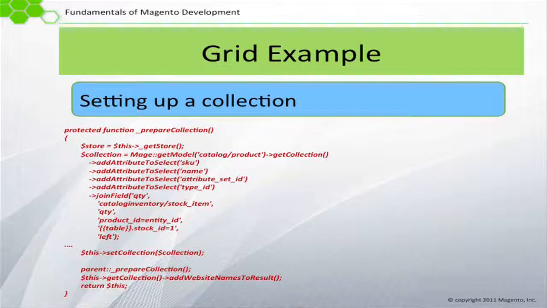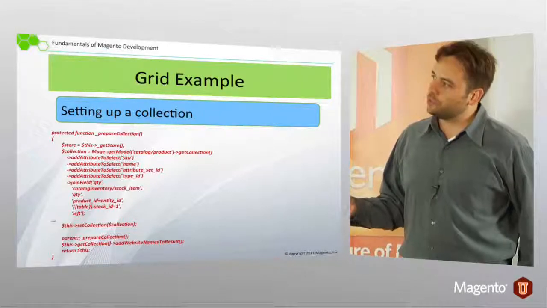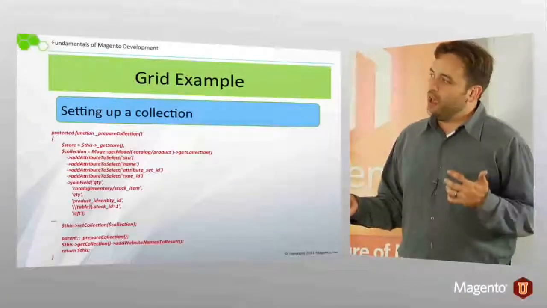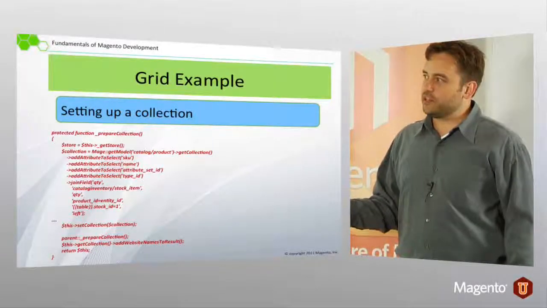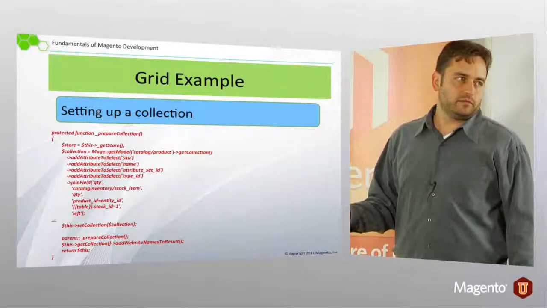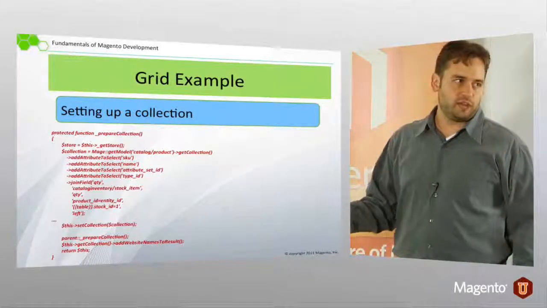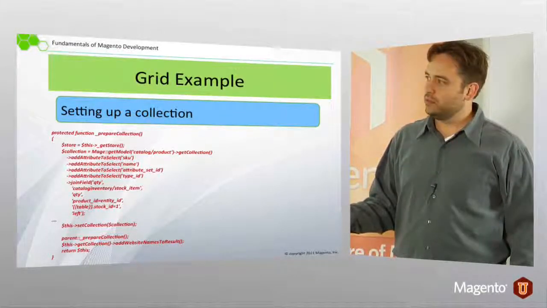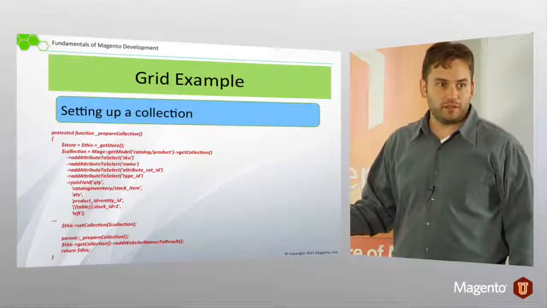In our case, this is from the catalog module, so this would be the product collection. Rather than loading the entire record, we're just adding these attributes that we know we're going to use in the grid. So we'll have our static entity attributes, and then we're adding these EAV attributes to that collection. And here we're doing a join so we can get the catalog inventory.